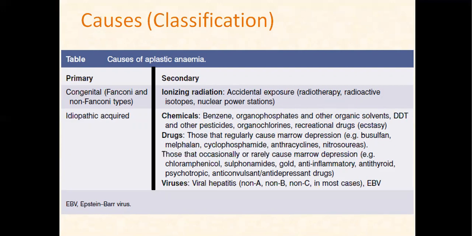Drugs that regularly cause bone marrow depression include Busulfan, Melphalan, cyclophosphamide, anthracycline, and nitrosoureas.